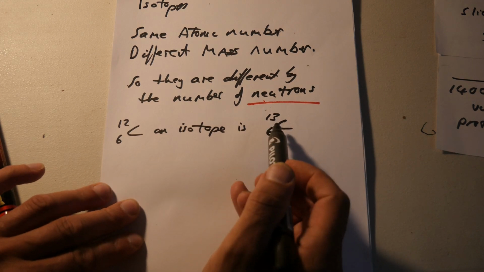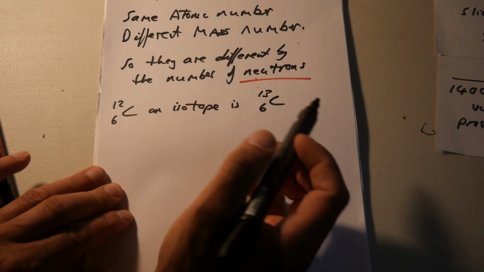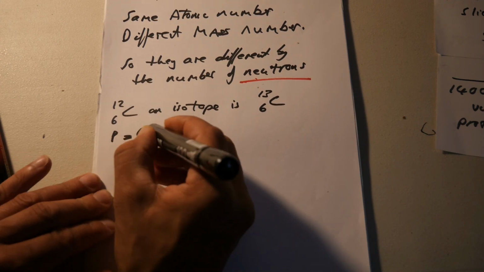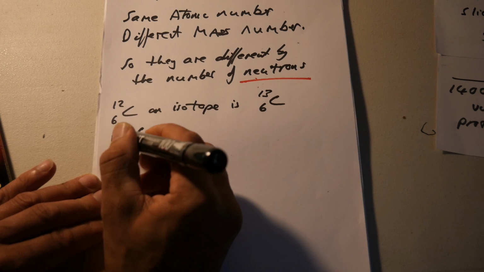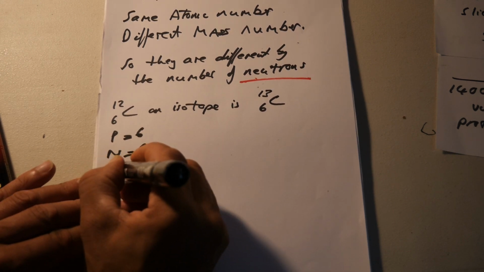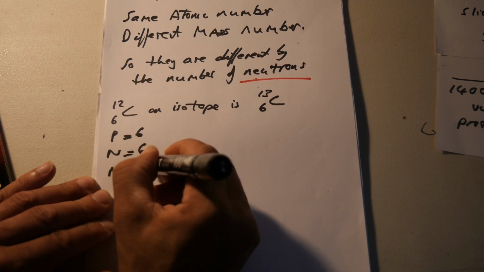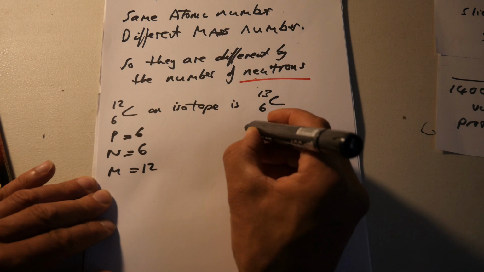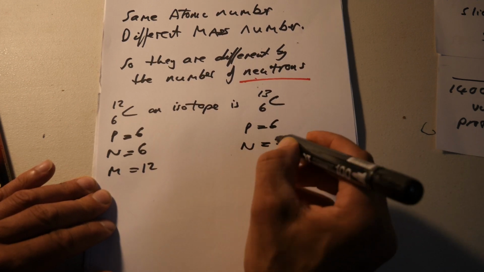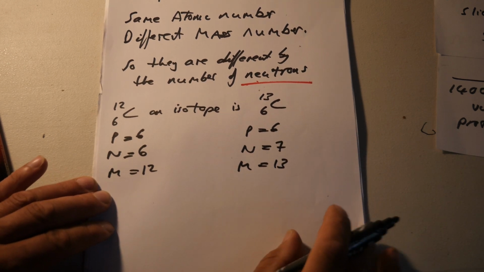So there's one more neutron, okay? So in this case, number of protons equals 6, number of neutrons equals 6, and the mass number equals 12. Here, protons equals 6, neutrons equals 7, mass number equals 13, okay?